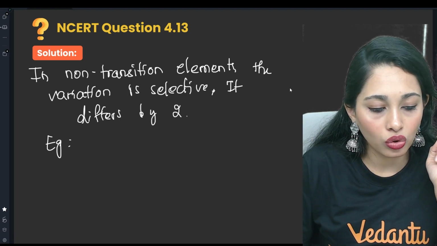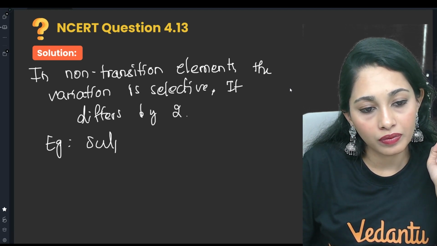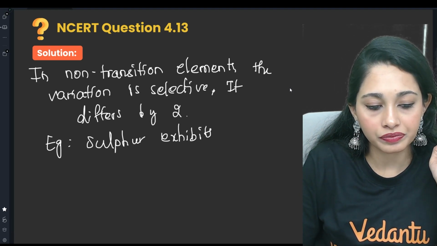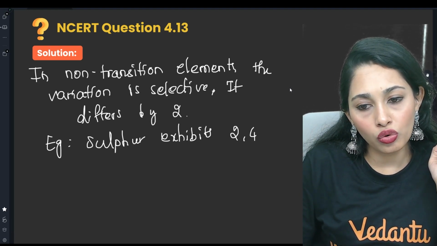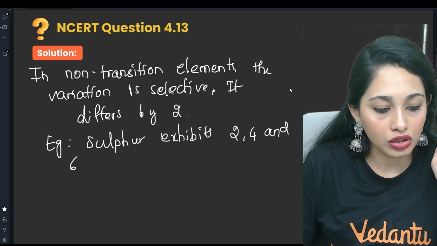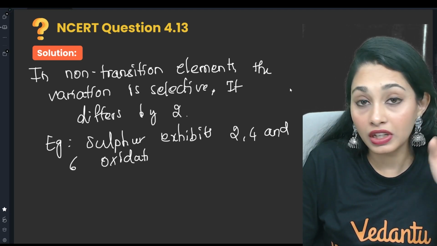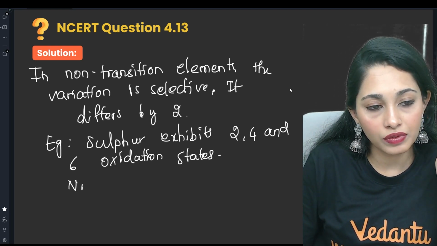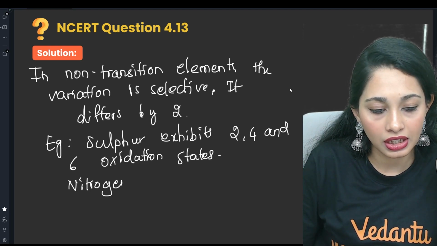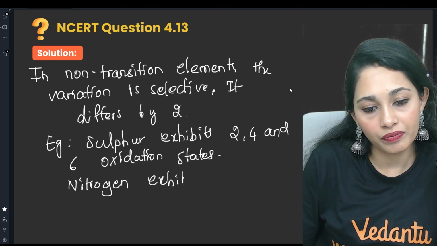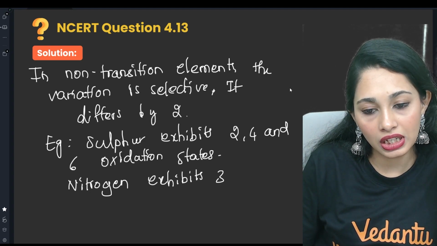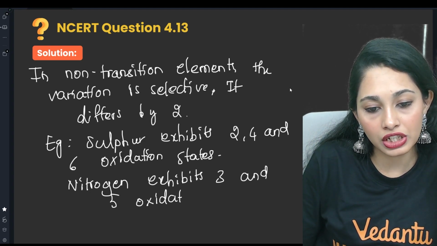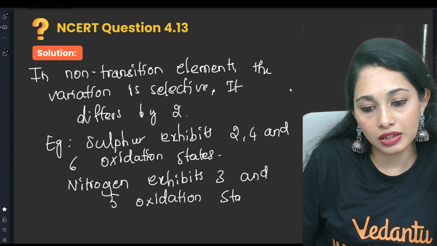For example, sulfur exhibits 2, 4 and 6 oxidation states, differing by 2. And we have nitrogen, which is a non-transition element. Nitrogen exhibits 3 and 5 oxidation states.